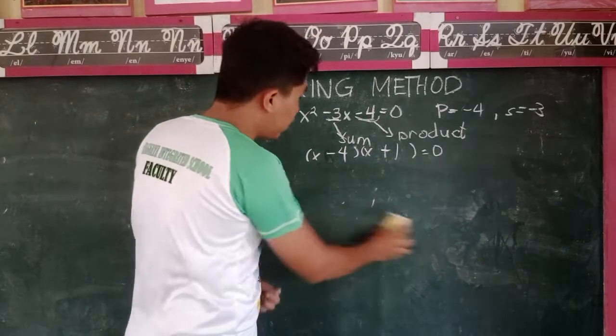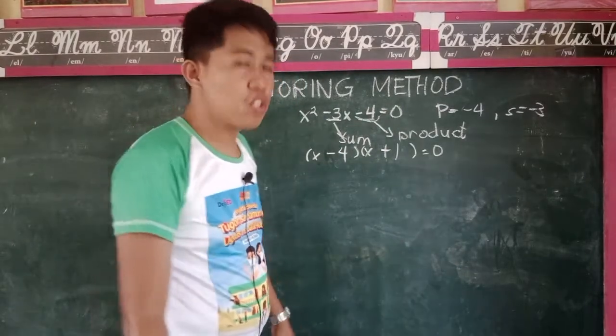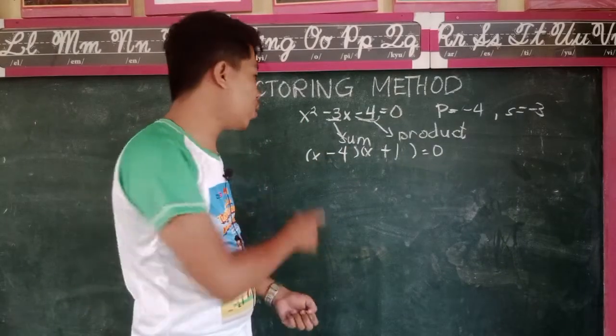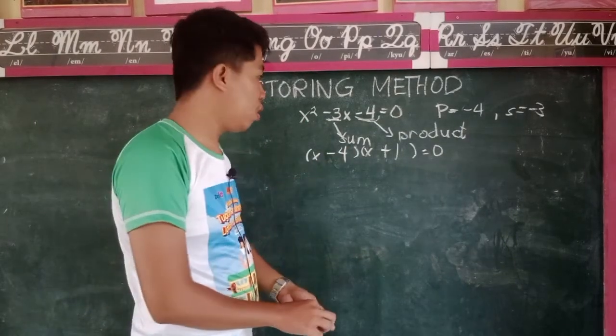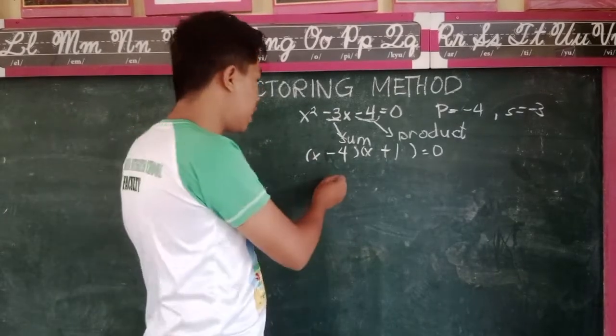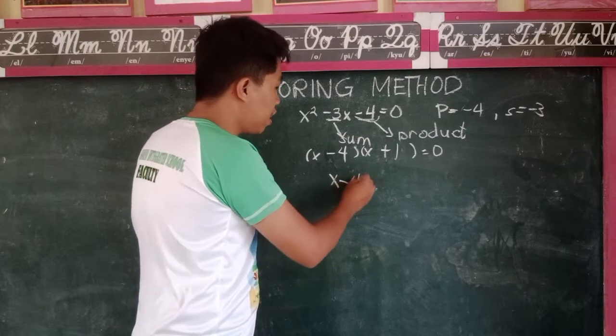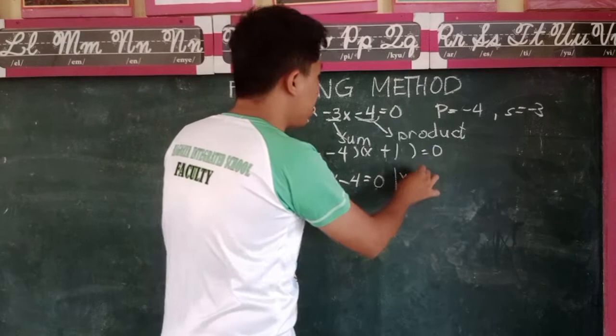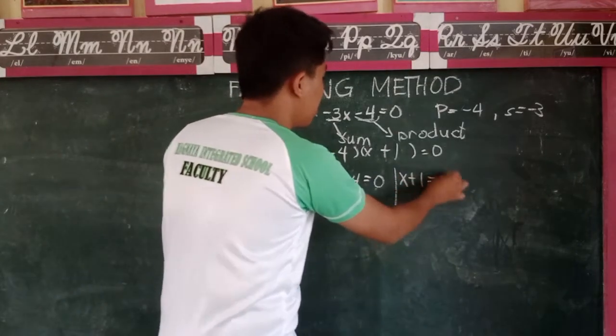So sir, what is the next step in solving for the roots of the given quadratic equation? Prior to that solution, each of the factors must be equated to 0. So let's equate each factor to 0. That's x minus 4 is equal to 0 and x plus 1 is equal to 0.